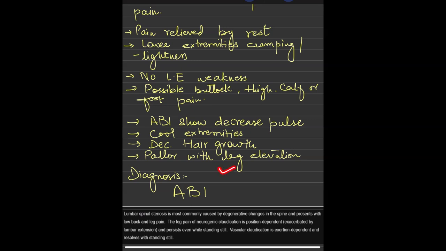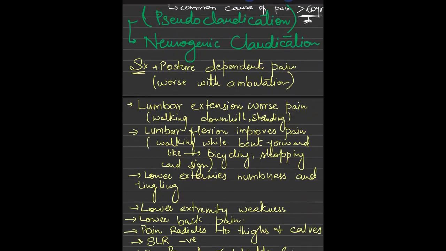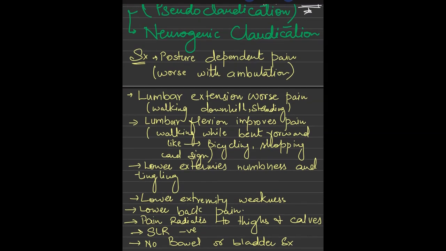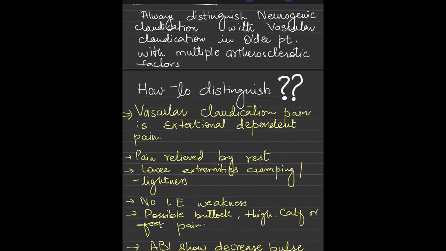But if all of these things are negative, then we might talk about spinal stenosis, and see whether the patient needs an MRI or not. And definitely the shopping cart sign is one thing that will help us to distinguish.